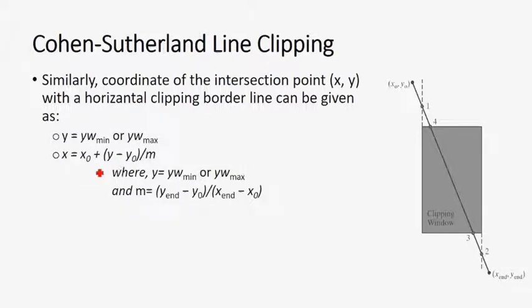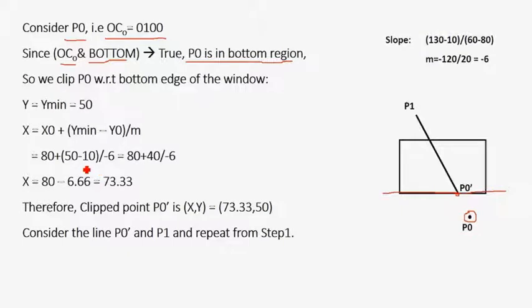So I plug in the x naught value, y min value, y naught value, and the slope of this complete line, the P naught to P1 line, that I have calculated as -6. The result I get is 73.33. Therefore, the clip point is 73.33 comma 50.